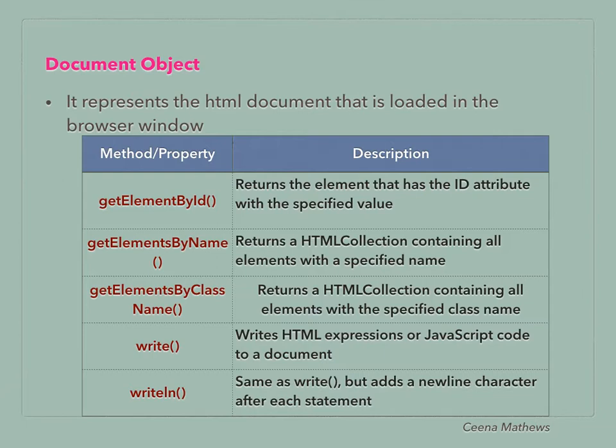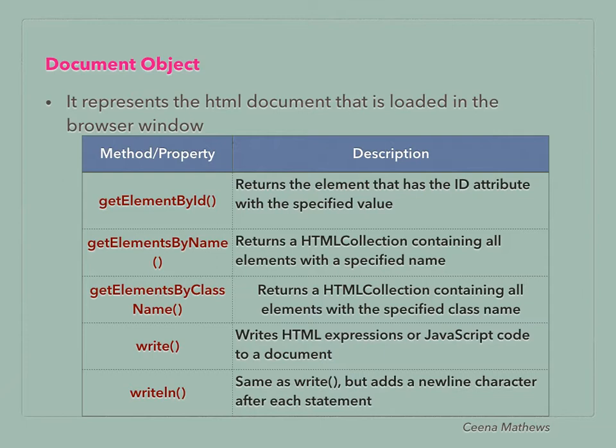So if a set of elements have the same name, you can specify those elements by specifying their name within brackets. It returns the HTML collection containing all elements with the specified name. Similarly, we can have getElementsByClassName. It also returns an HTML collection containing all elements with the specified class name.